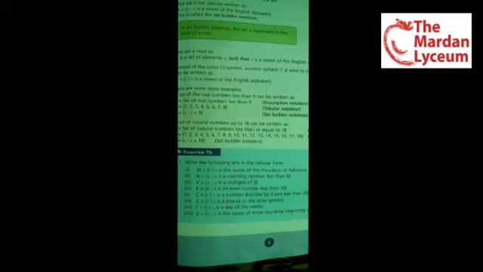In question 1, they are saying that M is a set of X such that X is the name of the presidents of Pakistan.